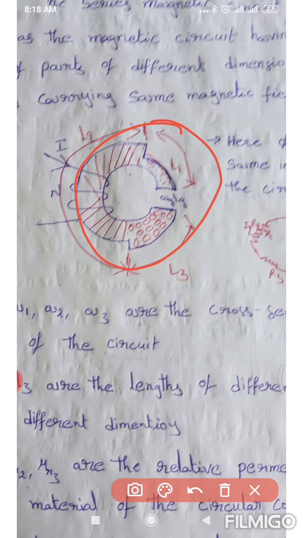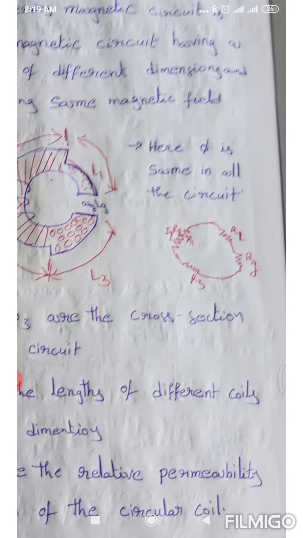And here we have to observe there is also an air gap present in the given coil. This air gap is also considered as one of the resistive elements, or reluctance elements. If you convert this into electrical terms, we can write it like this.